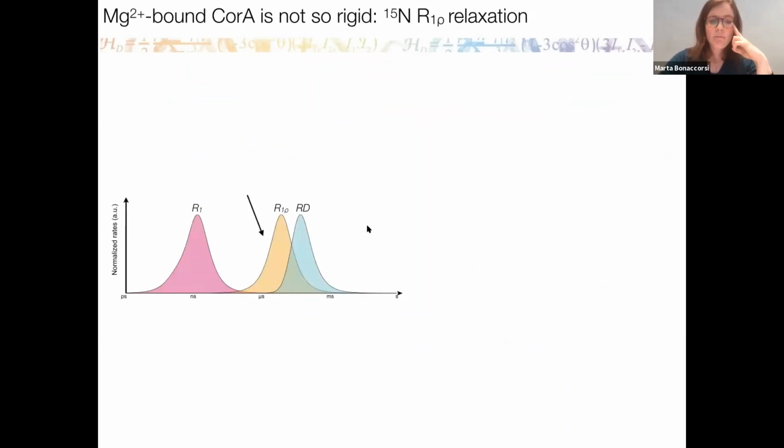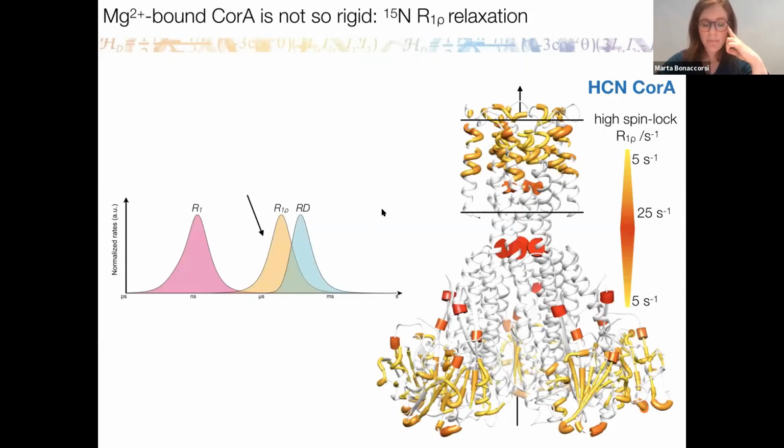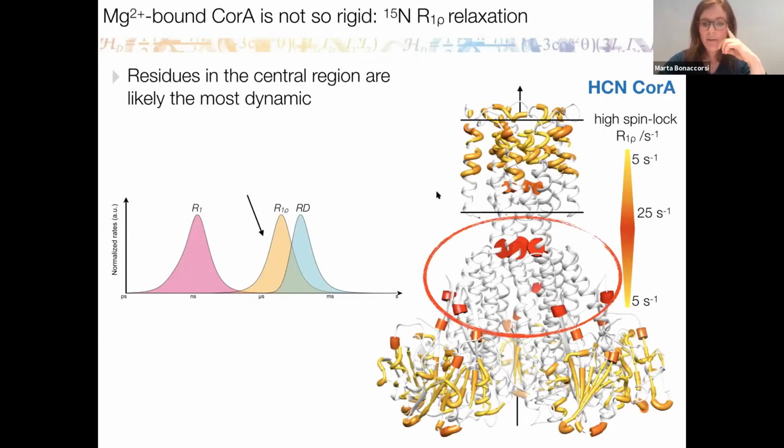Starting with nitrogen R1rho, we could measure relaxation rates for a large number of residues in the protein. And what is intriguing here is that the residues which are located in the central parts of the protein are the ones with the highest relaxation rates, indicating that the central region is likely the most dynamic region of the protein.